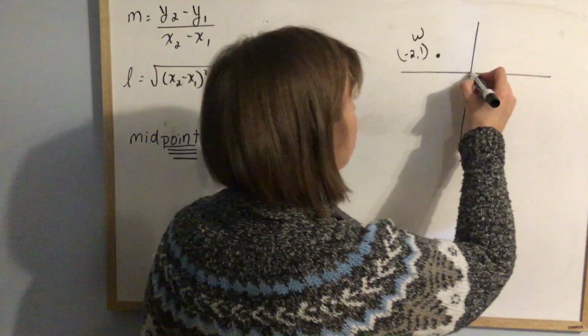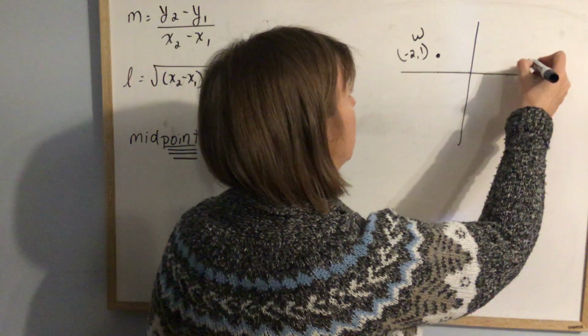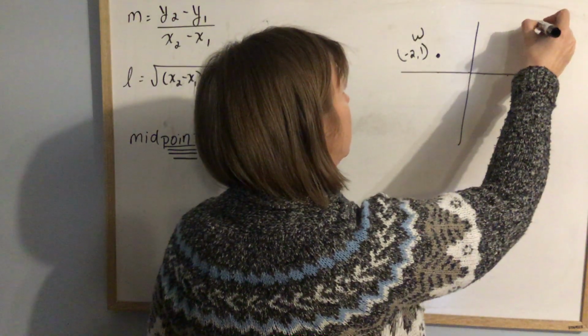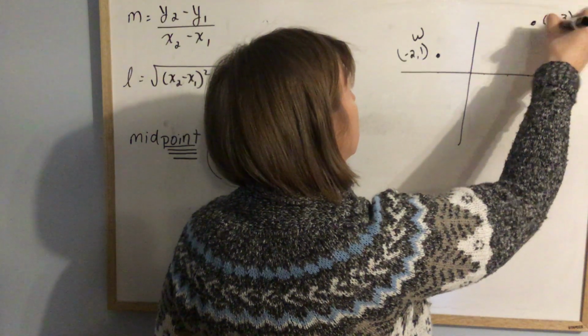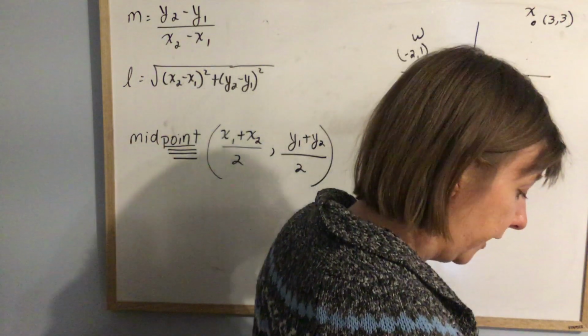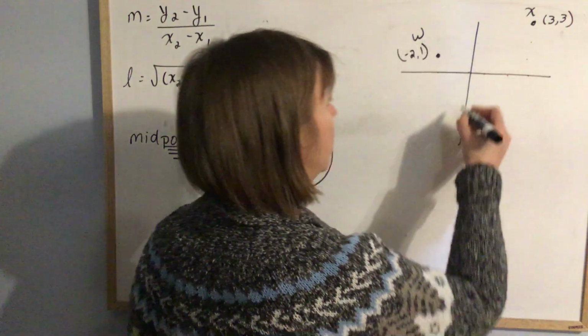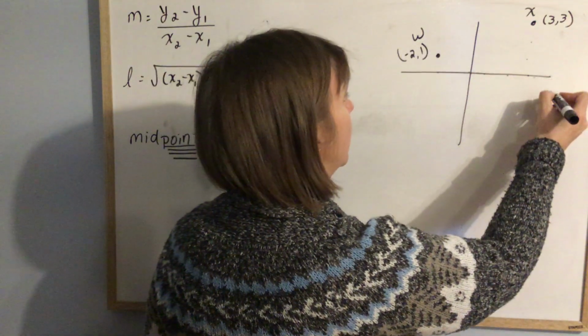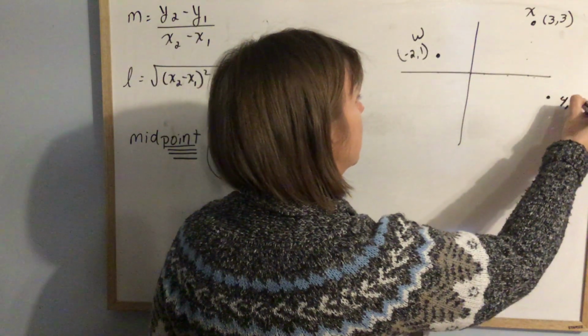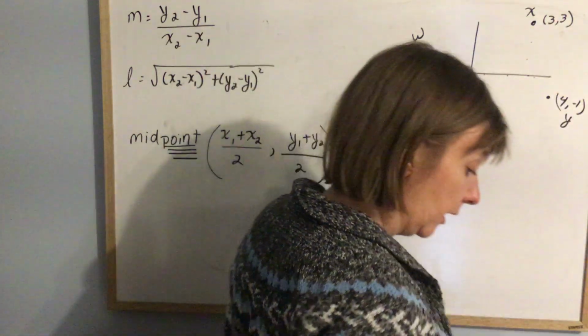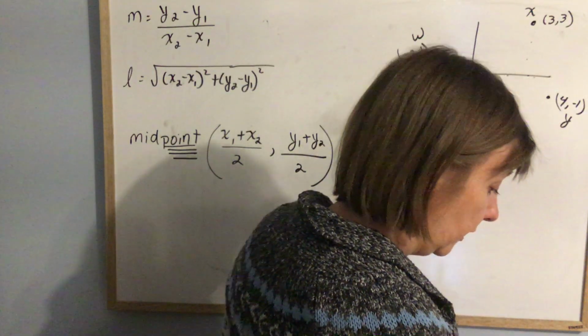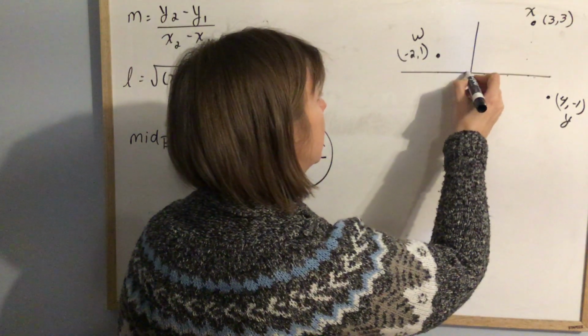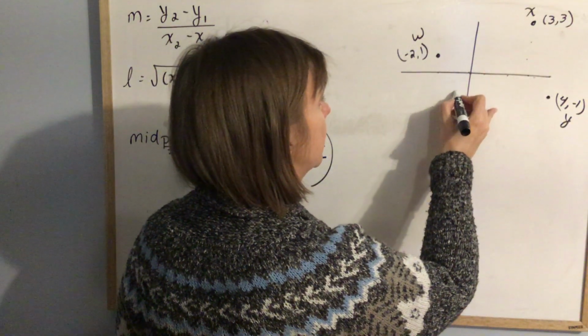X is 3 and 3. 1, 2, 3, 1, 2, 3. That's X. Y is 4 and -1. 1, 2, 3, 4, and -1. And Z is -1 and -3.